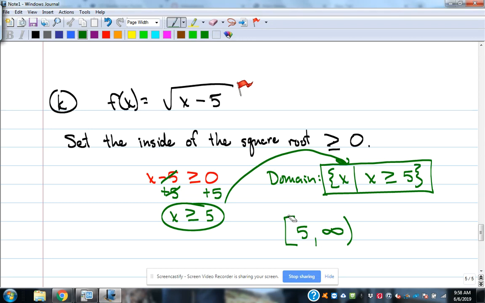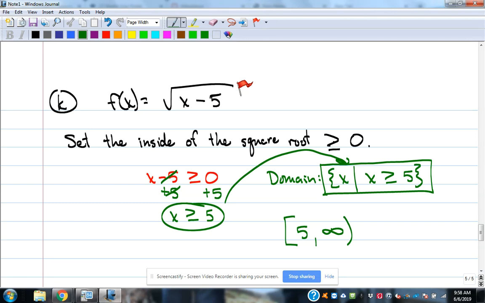We used those curly braces, because square bracket had a meaning later on. So again, be able to do set notation like this, but we're going to be eventually transitioning to where we're using interval notation some too. So we need to be able to try to do both, which is what we're trying to build up to. All right. So for domain, you're looking for red flags.